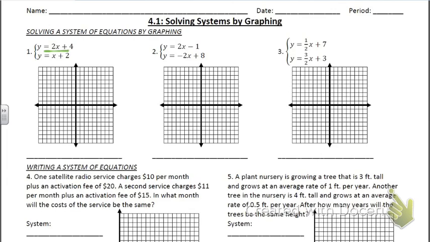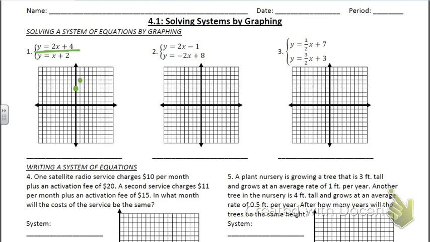So I'm going to use 2 different colors for each of the lines. You can if you want. If you don't have colored pencils, that's fine. y equals 2x plus 4. Let's graph that. What is the y-intercept of that equation? Good, 4. 1, 2, 3, 4. And so I'm going to put a point. And the slope is positive 2 over 1. So I'm going to go up 2, right 1.